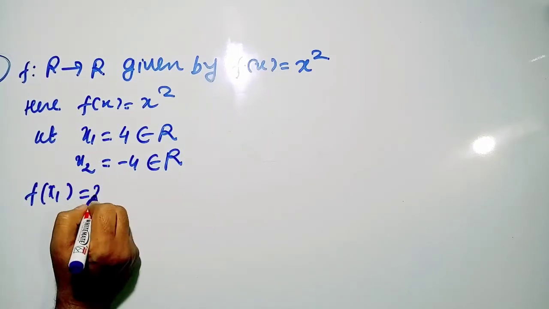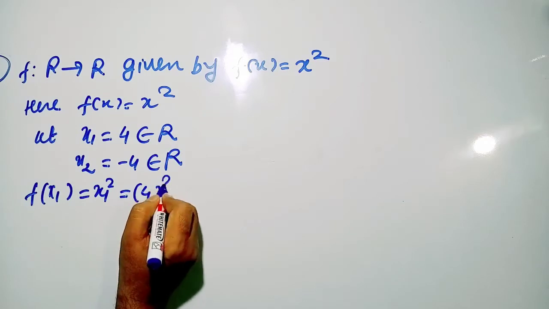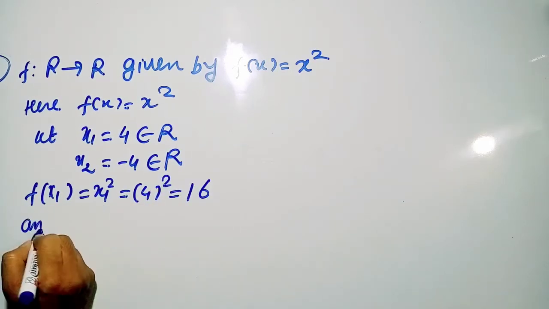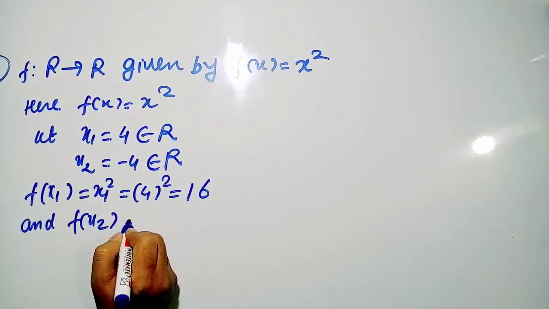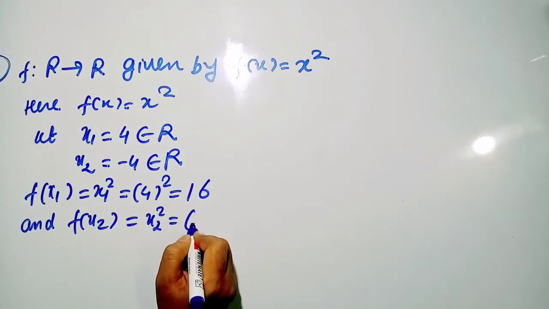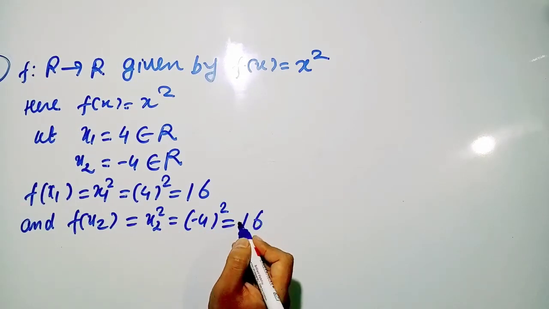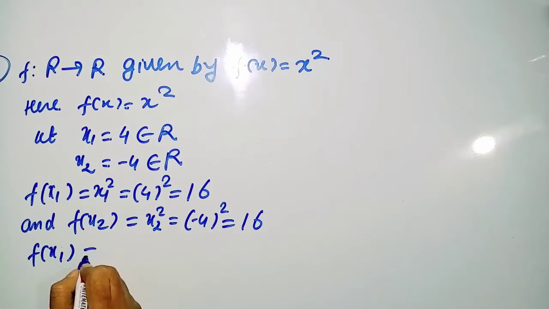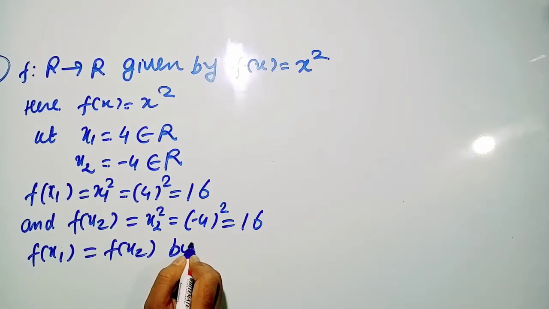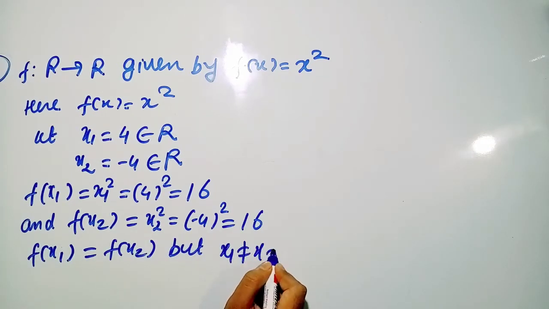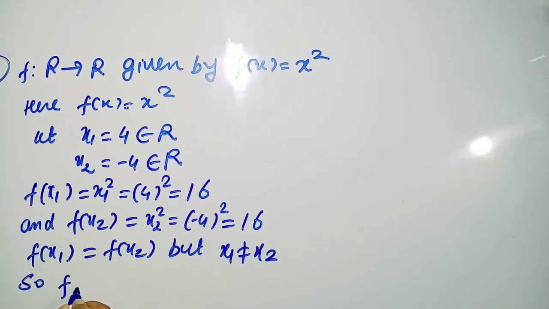So f(x1) = x1², so 4² = 16, and f(x2) = x2², meaning (-4)², again we get 16. So we can write f(x1) = f(x2), but x1 is not equal to x2 because both are opposite integers, so f is not a one-one function.